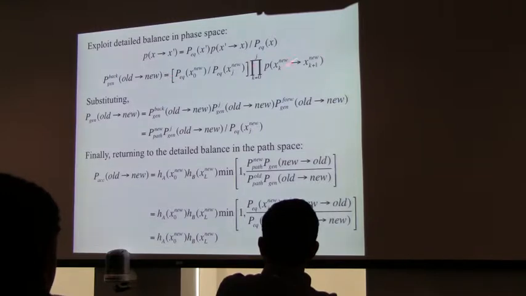So I'm writing that product with forward transition probabilities. And when I do that, it turns out that I pick up a ratio of the configurations that are on the ends of that trajectory segment. Basically, I'm changing my anchor from the J point to the 0 point.